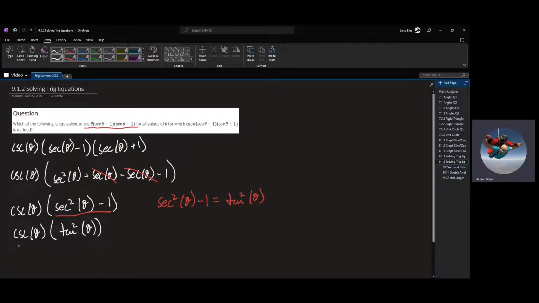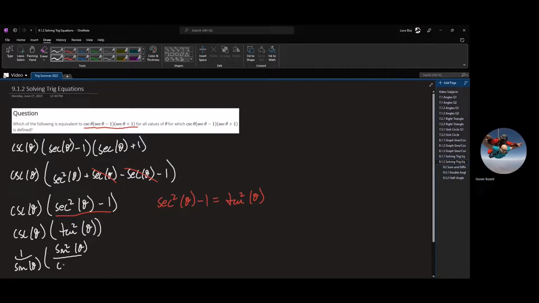Well, now let's write everything in terms of sines and cosines and try to simplify this and see what we can get. So this would be 1 over sine theta times sine squared theta over cosine squared theta.